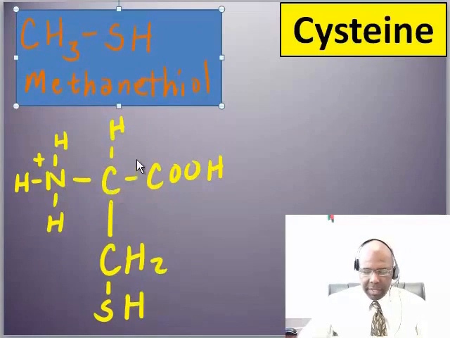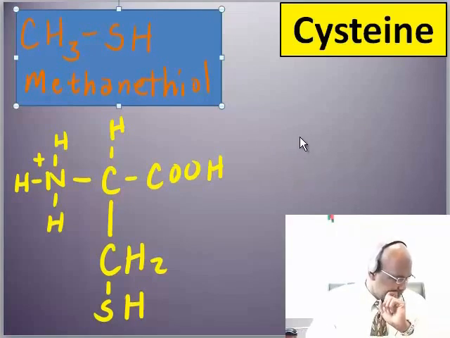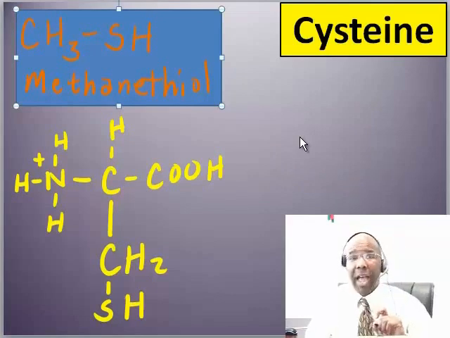Methane thiol. Now we need to come up with some sort of association between cysteine and methane thiol. Let's use this sentence: my sister has metal in her thyroid.